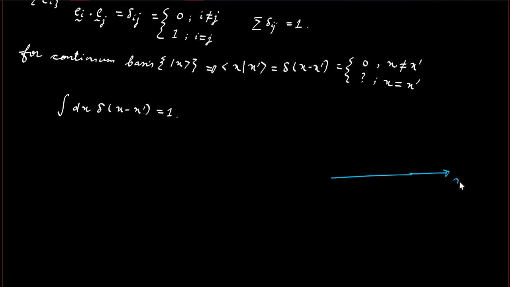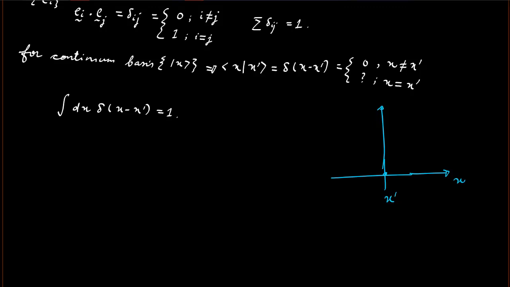Suppose this is some x-axis and this is some function axis. What it means is these functions will exist at the x prime position, and this function will exist only within this nearby region.